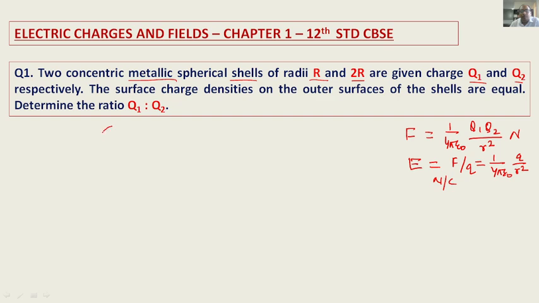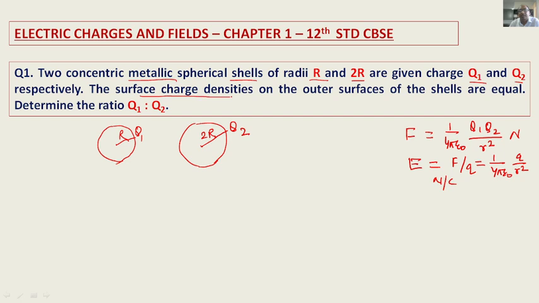Two metallic spherical shells are there, one of radius r and another bigger metallic spherical shell for which the radius is 2r. Both of them are given charge: the first spherical shell is given charge q1 and the other is given charge q2.